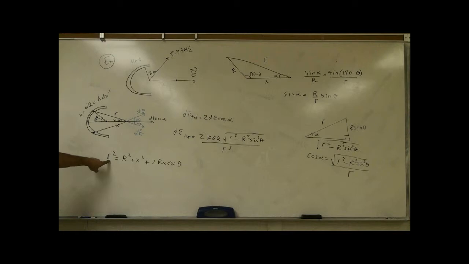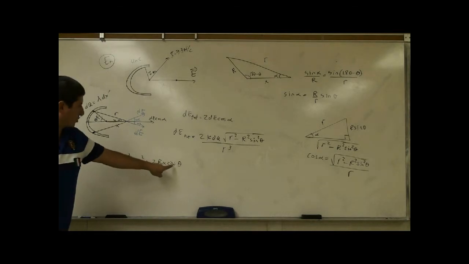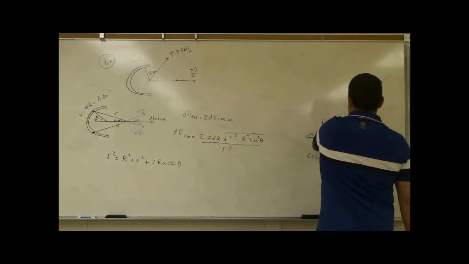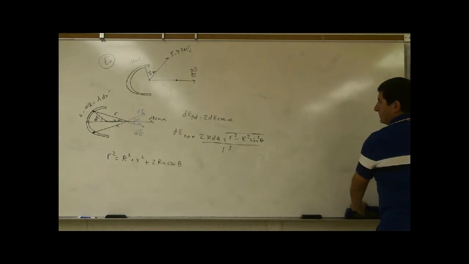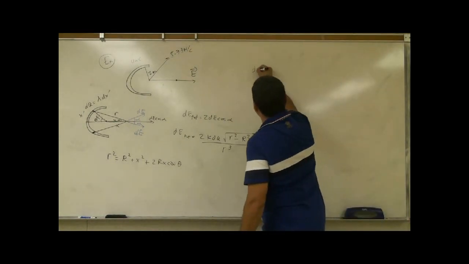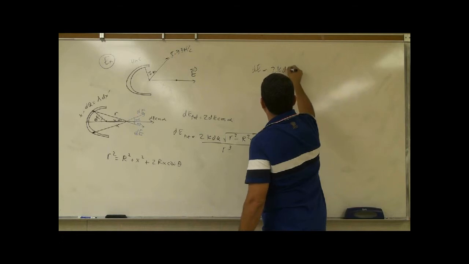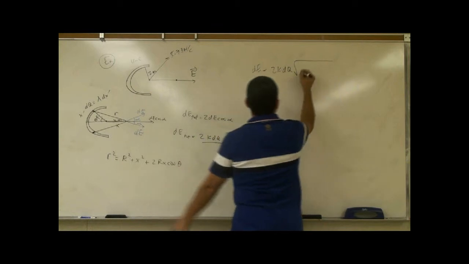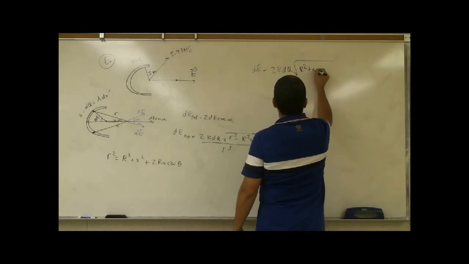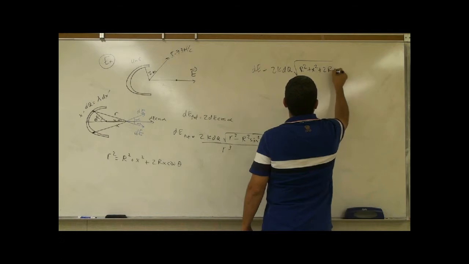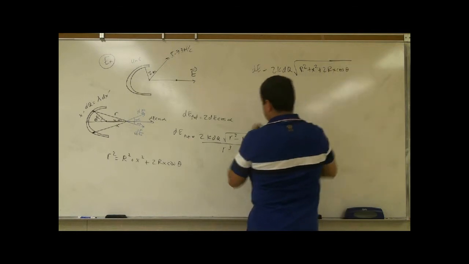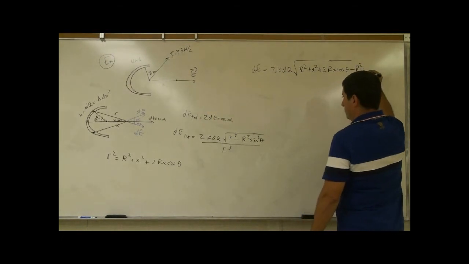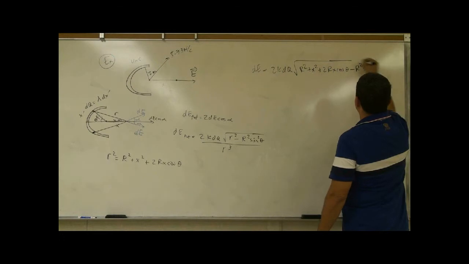Now we use this equation. R squared is r squared plus x squared plus 2rx cosine theta. We put that equation into here. So you see where r squared, you're going to put that. R squared plus x squared plus 2rx cosine theta, minus r squared sine squared theta.